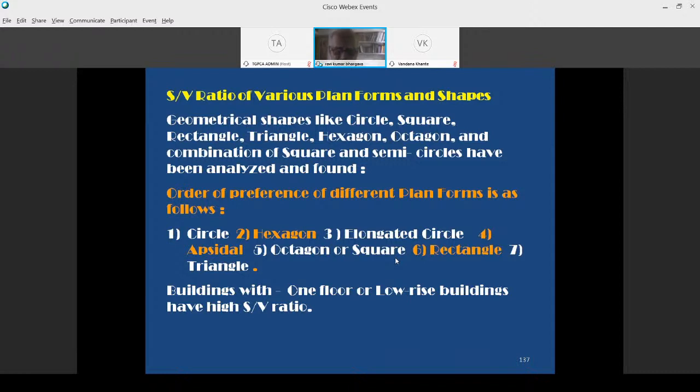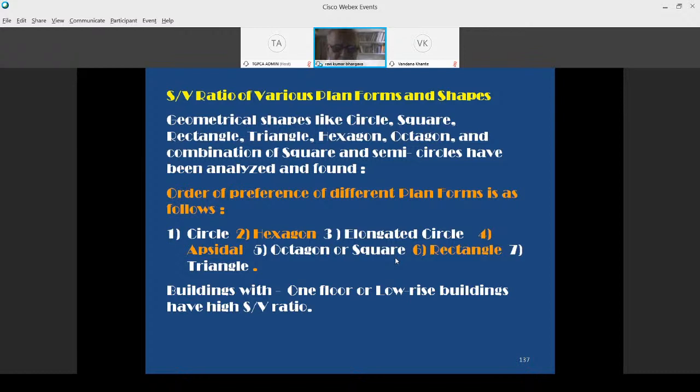Second is hexagon. Third is elongated circle, that is a combination of rectangle or square and semicircle. Then apsidal, then octagon or square; these are more or less the same performance. Then you have rectangle, and last, triangle.